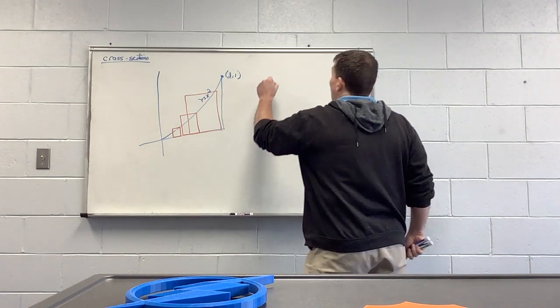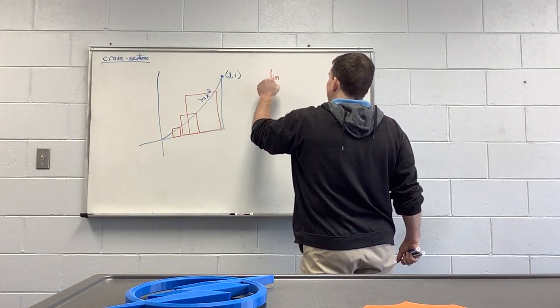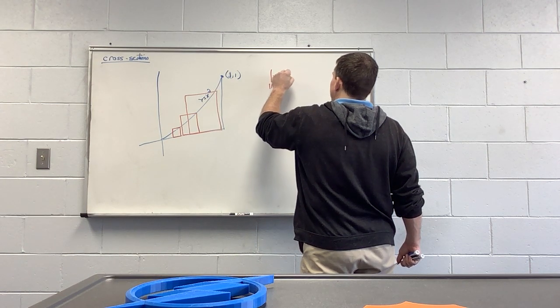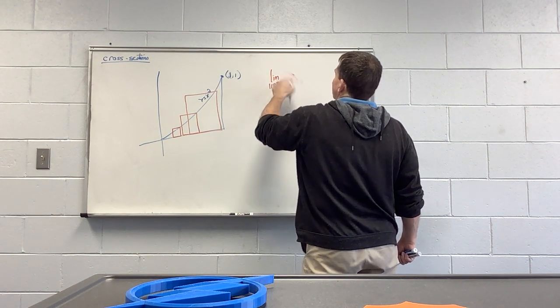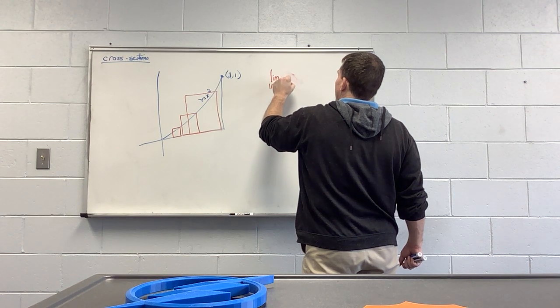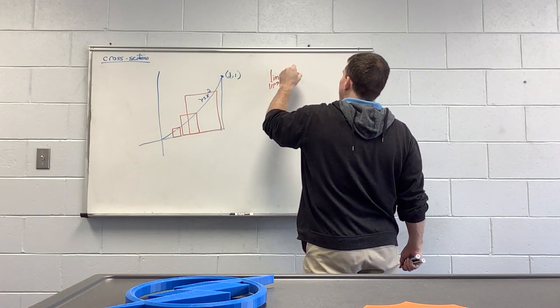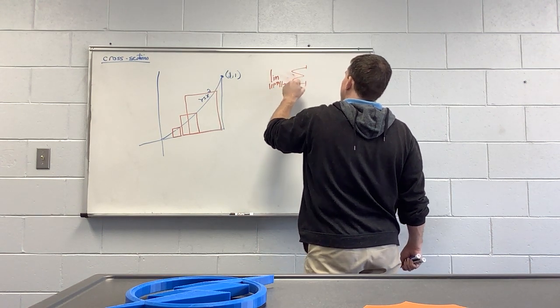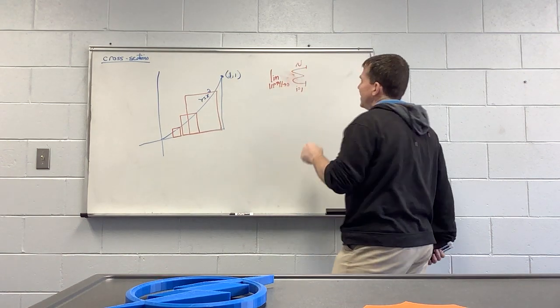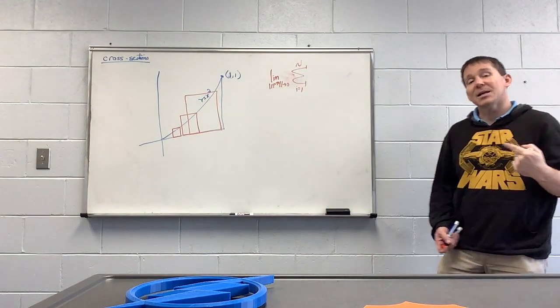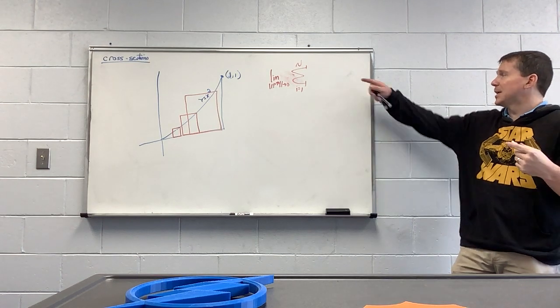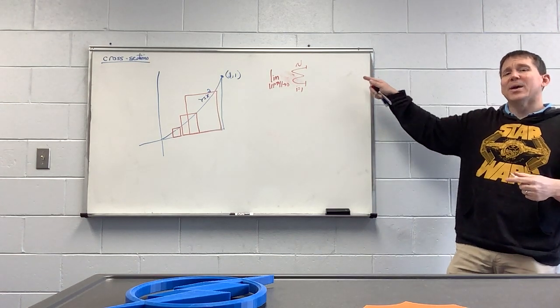Which means, once again, I have the limit as the magnitude of the partition approaches 0 of the sum from i equals 1 to n of something. And just like with the volume of the solid of revolution, I just need to figure out what that is.